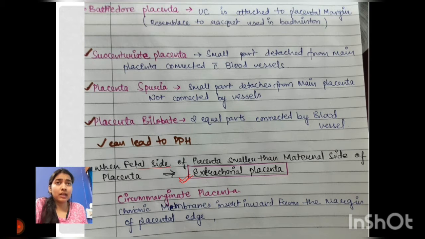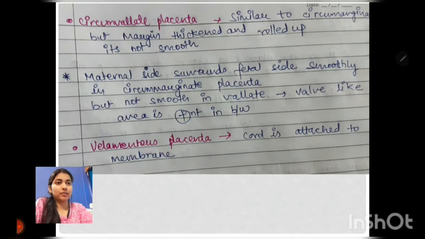IUGR, maybe even IUD, intrauterine death, can occur. Circummarginate placenta is when the chorionic membranes insert inward from the margin of the placental edge. There are two things: circummarginate and circumvallate placenta. In circumvallate, the margin gets rolled up upon itself, and this leads to a thickened ridge; it is thickened and rolled up, and it is not smooth.